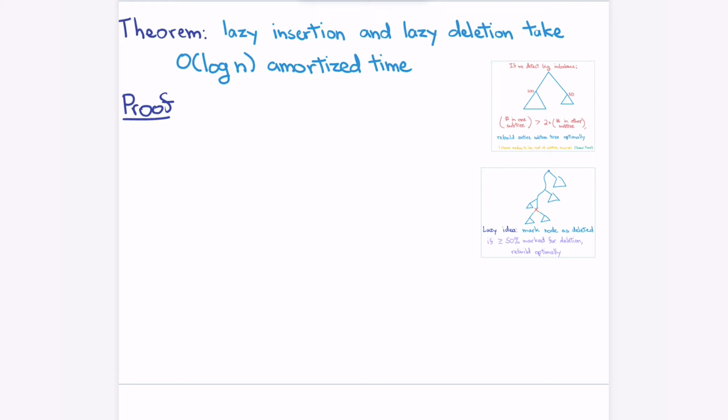So remember earlier our idea for lazy insertions was disparity between the number of nodes in each subtree. But now number of nodes is slightly ambiguous because we have some marked for deletion and not, right? So what would be a good potential function, just modifying or clarifying how to interpret our previous construction or proof with deletions?